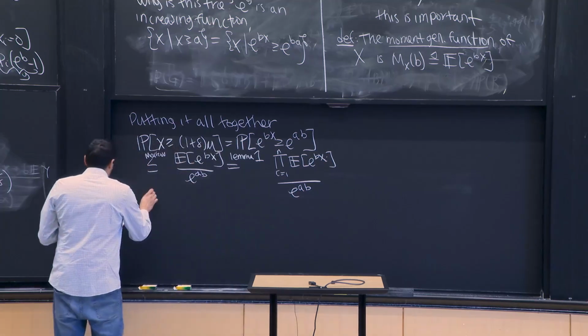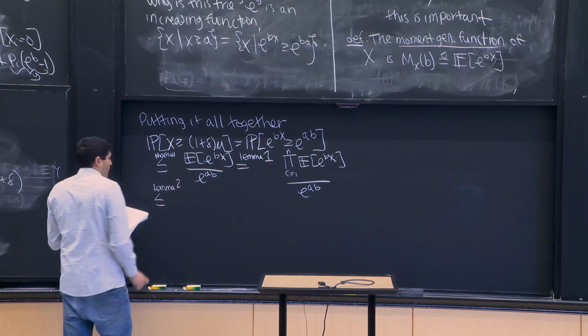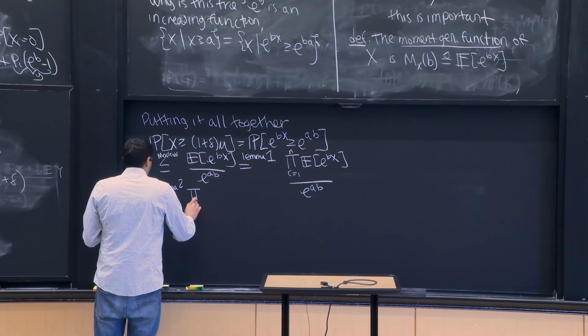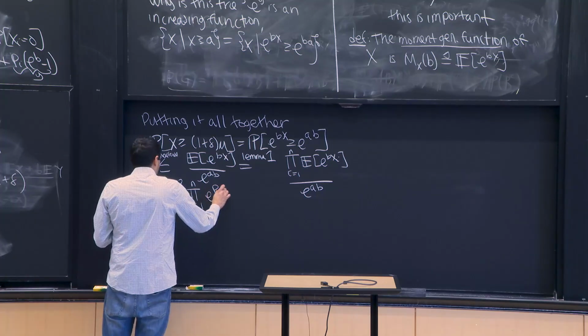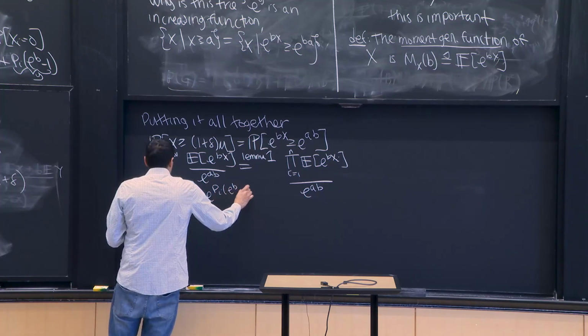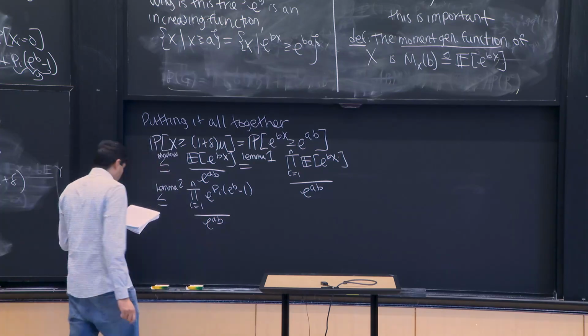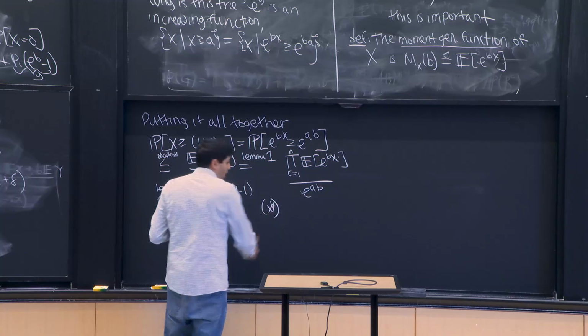And finally, we can use lemma 2, which gave us a good quantitative upper bound for the setting of the Chernoff bound. We get the product from i equals 1 to n of e to the p_i (e to the b minus 1), all over e to the ab. And I'm going to call this right-hand side star.